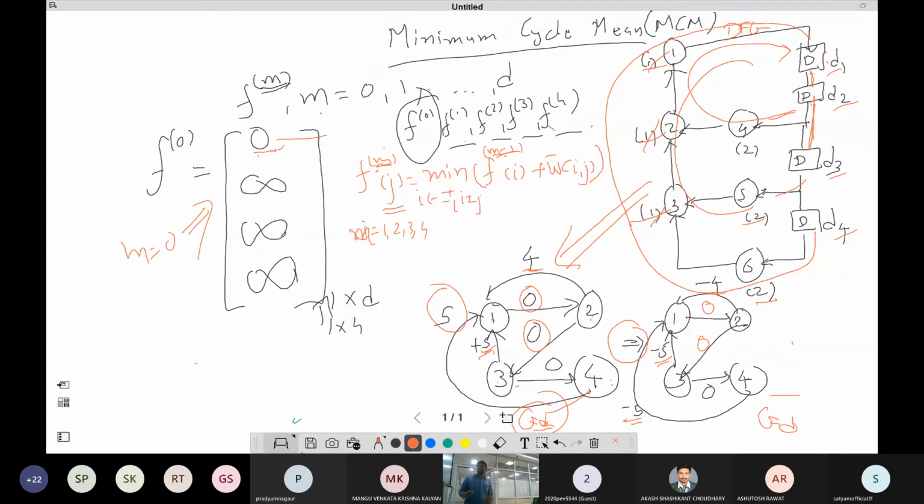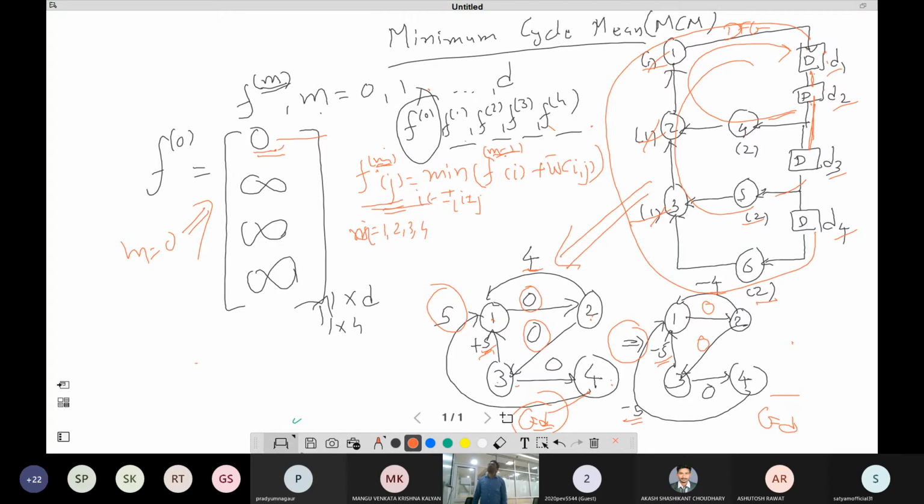So just to ensure that we are able to calculate subsequent f of m values, we need to choose f of 0 where one element is 0 and the remaining elements are at infinite distance, the ideal case for a minimum path algorithm. Now I will calculate the different f values.